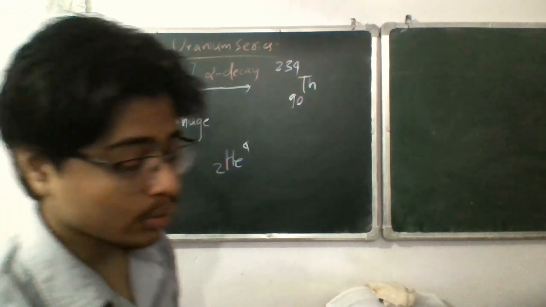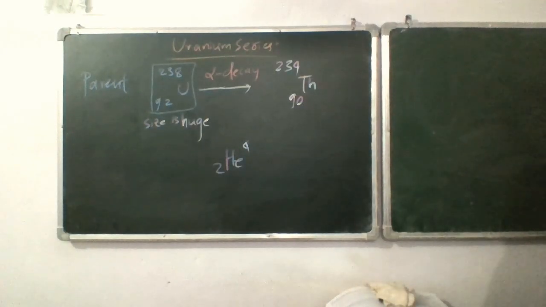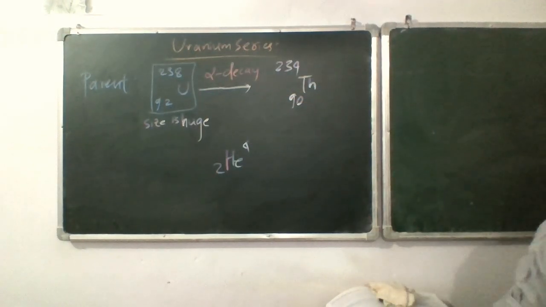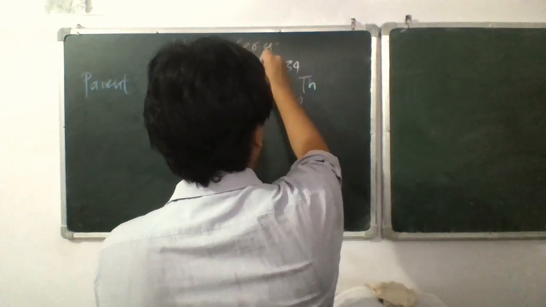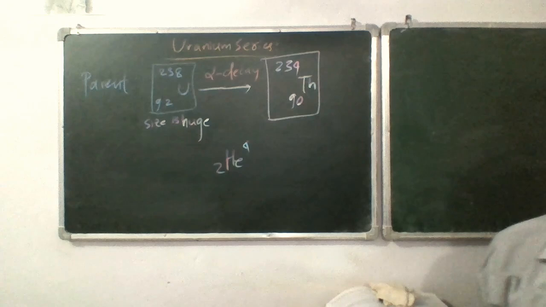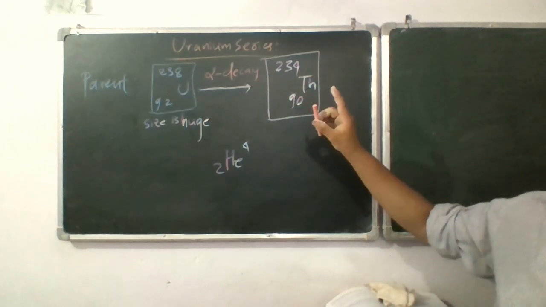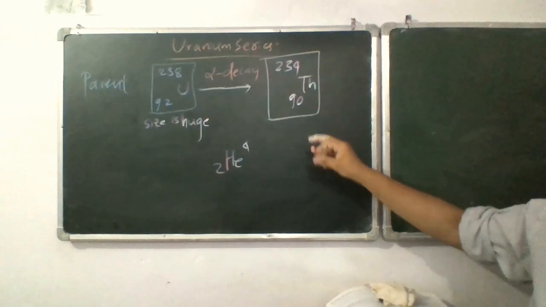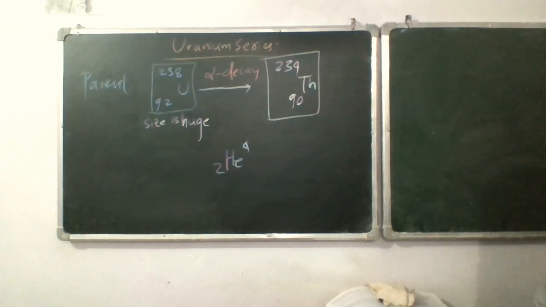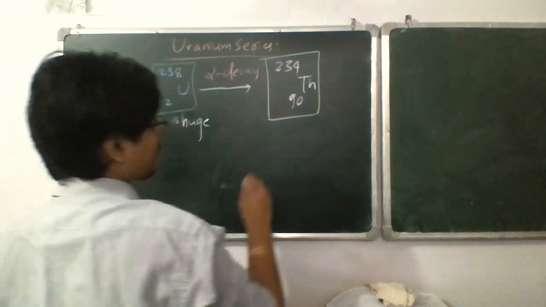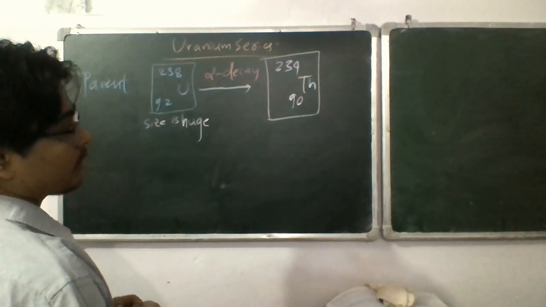So from uranium we get thorium by alpha decay. Then if you see this thorium, you would notice some issue with it: it has a very large difference between the neutron number and proton number.